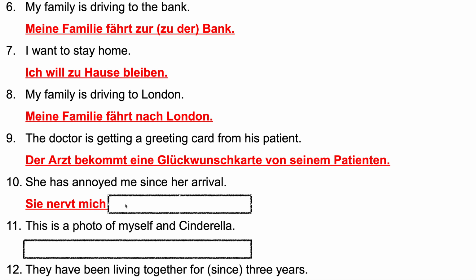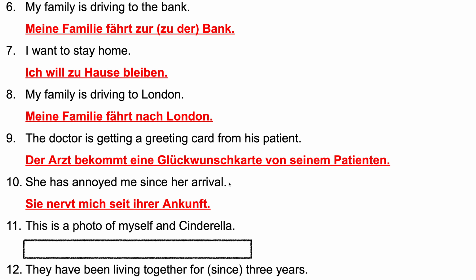That would be mich. So sie nervt mich. She annoys me. And then we want "since" in German, which we should know by now is seit. Her arrival, on the other hand, is a word that we may not recognize, and that is Ankunft. Ankunft is a feminine noun, and so "her arrival" is then ihrer Ankunft. Sie nervt mich seit ihrer Ankunft.